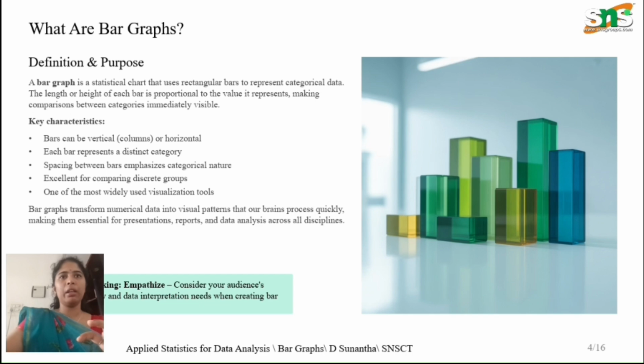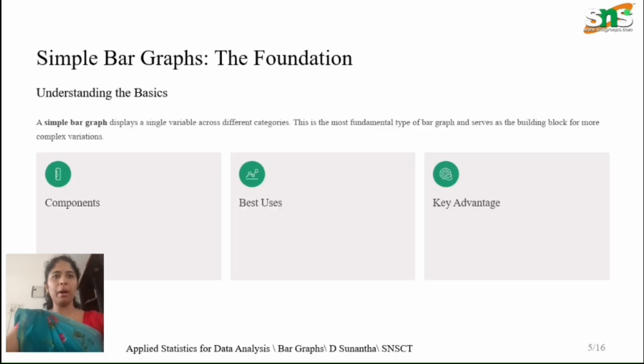Simple bar graph. This type of simple bar graph is used when only one variable is compared across different categories. For example, suppose we want to compare the number of students enrolled in different departments. Each department will have one bar representing its student strength.